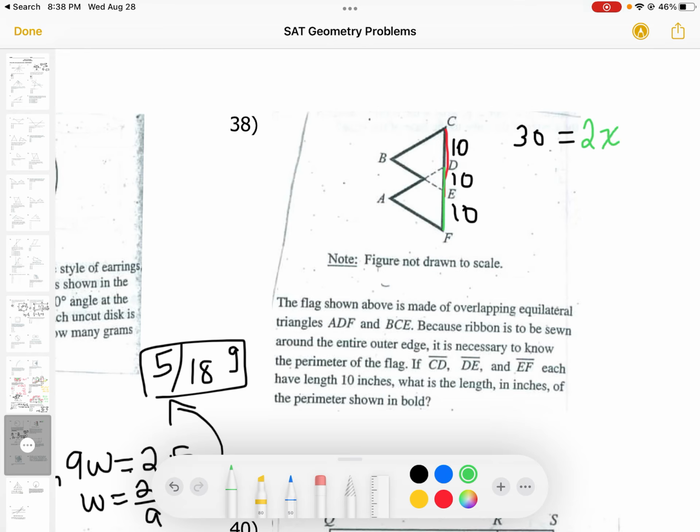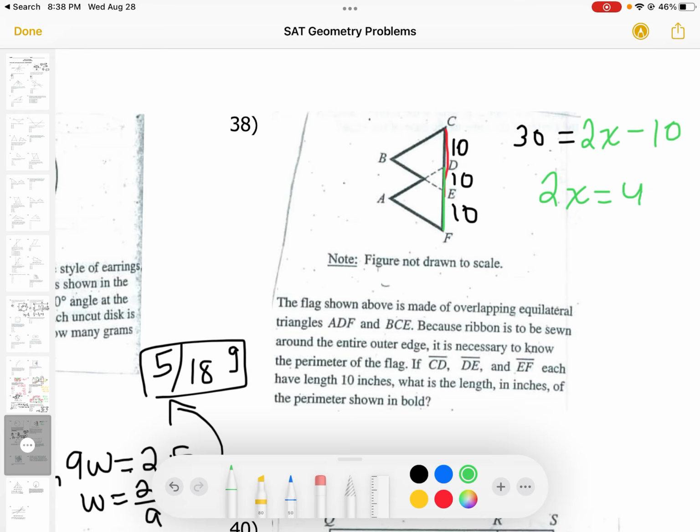But each of these lengths counts DE once, but we're counting DE twice. So we need to remove one instance of this 10.